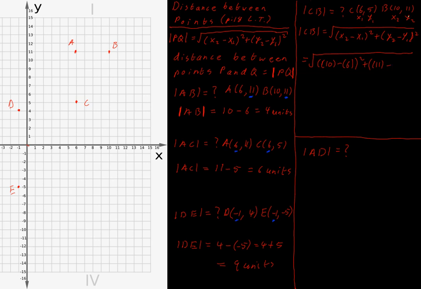Minus y1 is 5. To be squared. And we can put all of that in the calculator, but it's a little bit safer to work out the brackets first. So we have 10 minus 6 is 4 to be squared, plus 11 minus 5 is 6 to be squared.